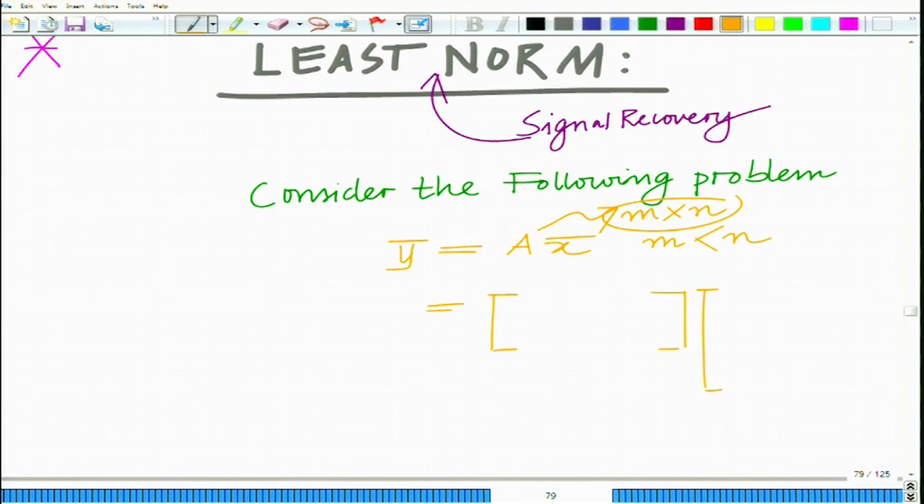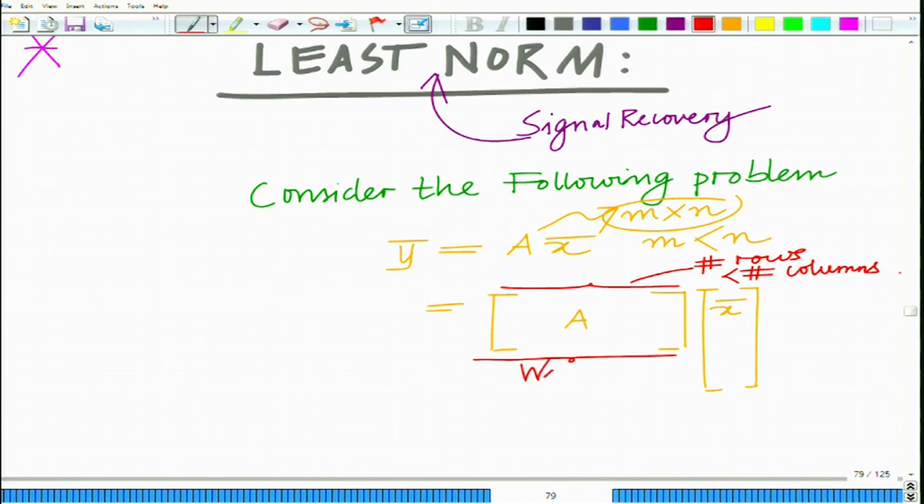So, if you look at this, it will look like this, this is your matrix A, this is your vector x bar. This implies that the number of rows is much less than the number of columns. One can call this a wide matrix.